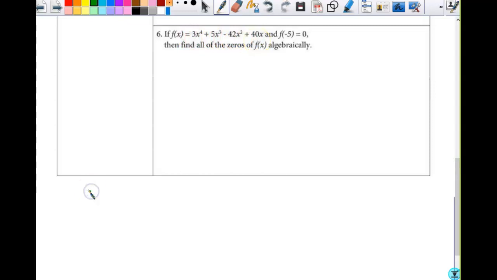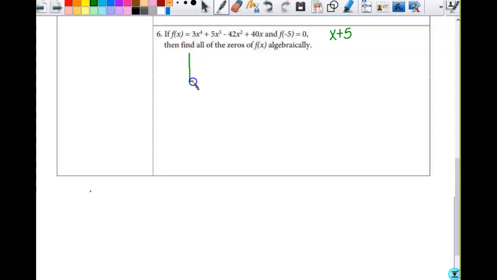I could use synthetic division like we did yesterday if I actually knew what one of the factors was. By what they told me, do I know a factor of this function? Yes. What is it? X plus 5, exactly. So if f of negative 5 equals 0, then this has to be a factor of it. So I do know one. So I can go ahead and divide and start breaking this up.